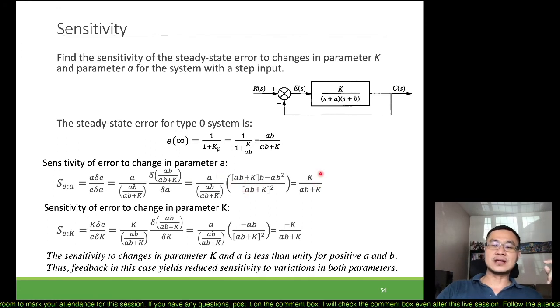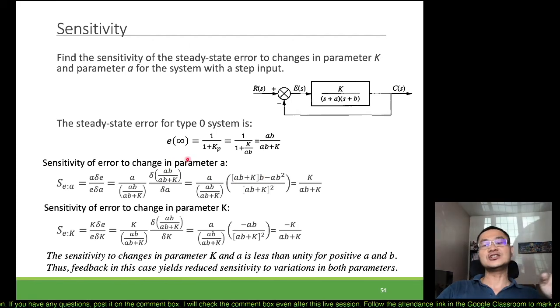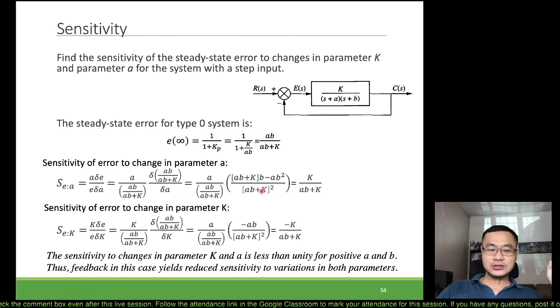Eventually when we solve it, we get this term. For how to do the differentiation, you can refer back to the chain rule.